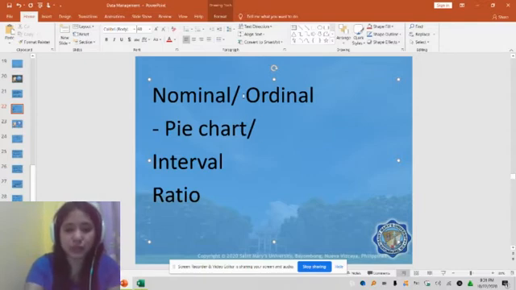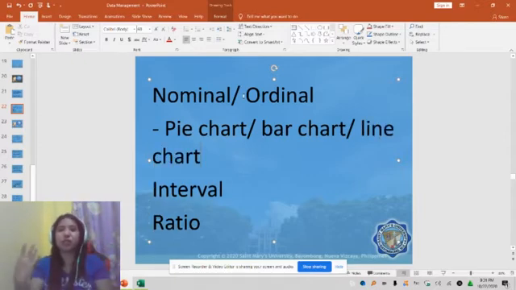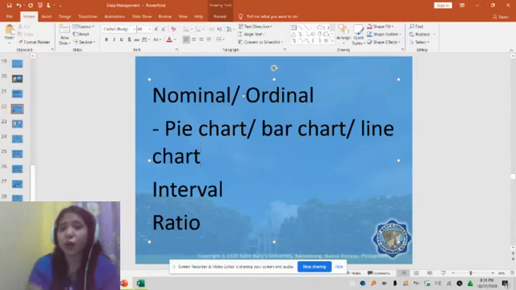We can also use a bar chart, and the other one is a line chart. These are the commonly used charts if the variable or the data is either nominal or ordinal.